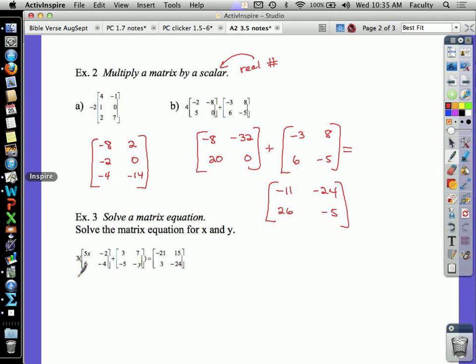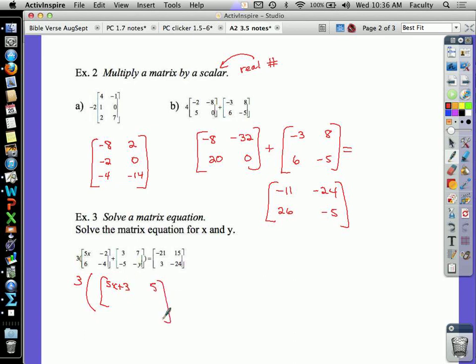So what we're going to do is we're going to follow order of operations. Order of operations would say do what's in that parenthesis first. But the tricky part is when I take 5x plus 3, they're not like terms. So I'm just going to write down 5x plus 3. But then I go negative 2 plus 7, that's 5.